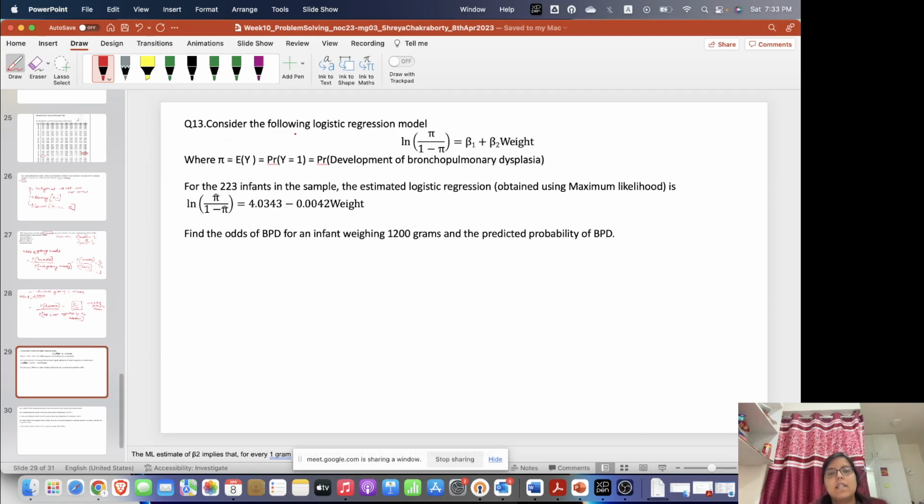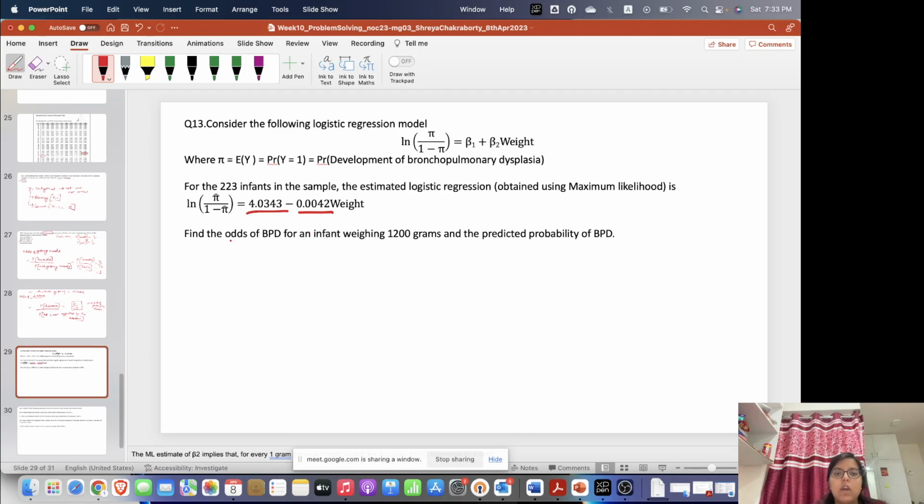So let us consider this logistic regression model. We have fit maximum likelihood estimation, and we've gotten these beta 0 hat, beta 1 hat and beta 2 values.